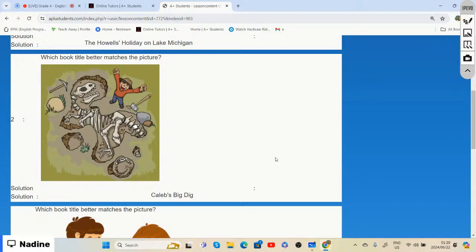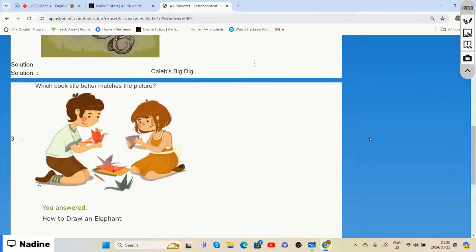So we can say Caleb's big dig. And what did he find when he did some digging? A dinosaur, right? So it basically means that the dinosaur was quite big. And yes, Caleb's big dig is correct.